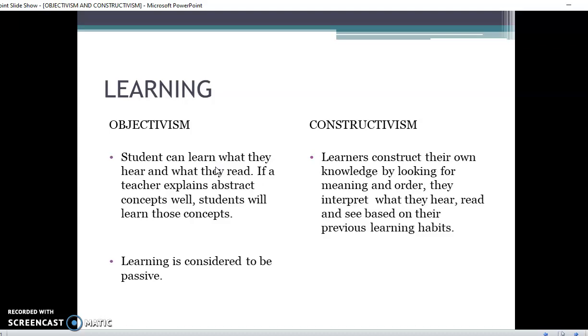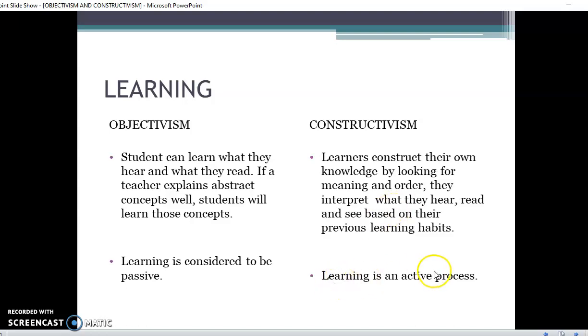This is not considered true in the constructivist approach, which believes that previous knowledge plays a very important role. We have already discussed how assimilation, accommodation and equilibrium play a very important role in learning, and how actively you're involved in an activity plays a major role in learning a given concept.